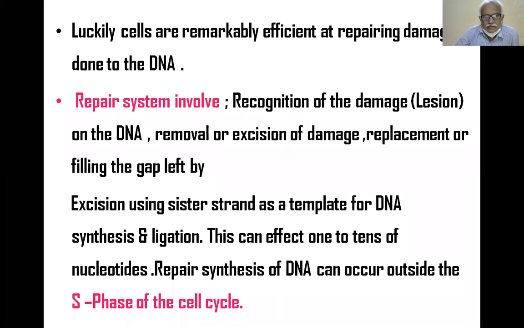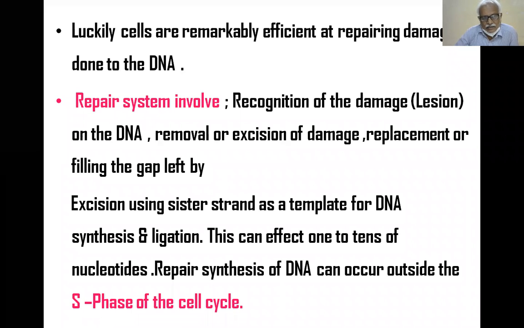The repairing system involves recognition of the damage. So wherever the damage is there, lesion we call it, it should be recognized, on which part of the DNA the damage took place. Removal or excision of damage is another one. Replacement or filling the gap left by the damage, that's another one.